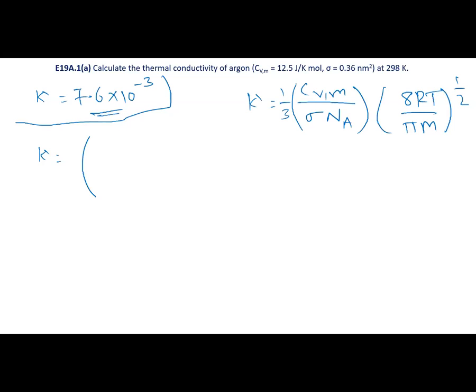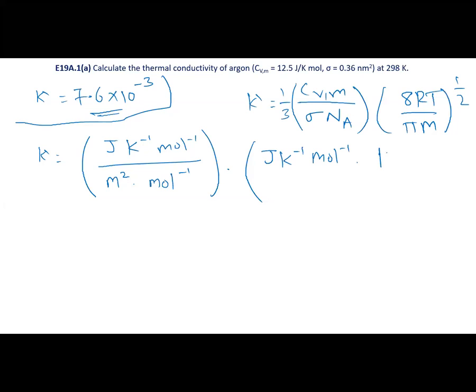The unit for molar heat capacity at constant volume is joule per Kelvin per mole, and that of sigma is meter square, and Avogadro number is generally just per mole. Then we have R, gas constant, again joule per Kelvin per mole, and we have temperature in Kelvin. Pi is unitless and mass is kilogram per mole.